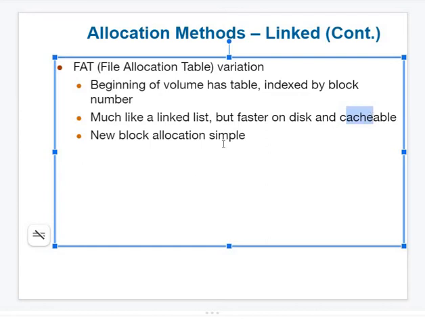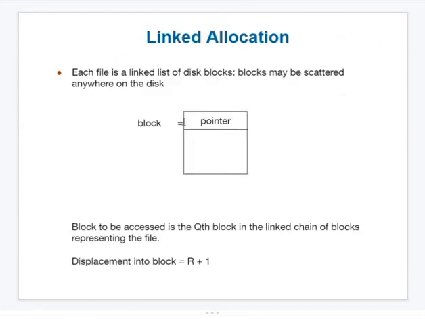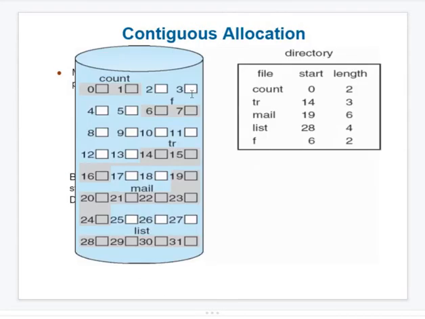A new block allocation is simple because whenever we allocate one block, we also give the address of the next block where it is going to be allocated. Each file is a linked list, where the blocks are scattered and not available continuously.